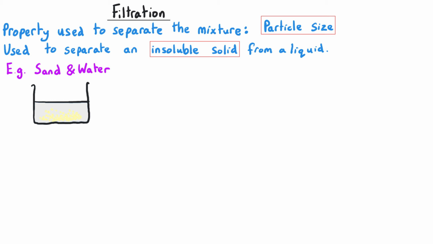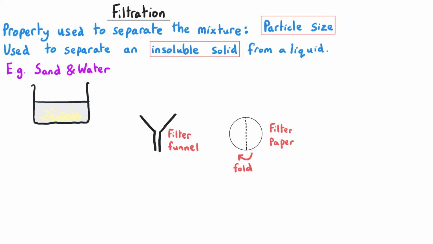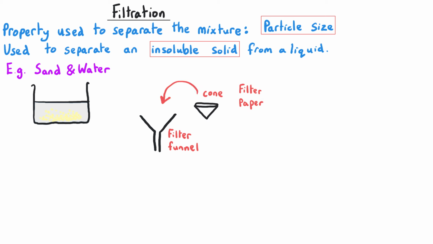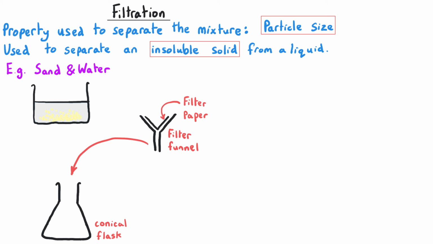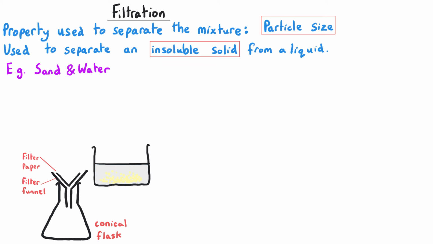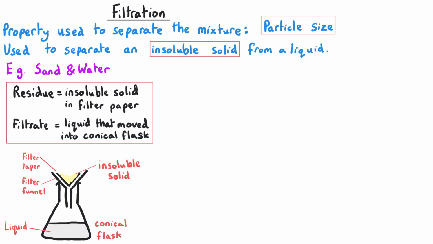To separate this mixture, you would need to get a filter funnel and a filter paper, which you'd fold into a cone shape and put inside the funnel. And then you would sit the funnel into a conical flask and pour the mixture through the funnel. What would happen is the insoluble sand would get caught on the filter paper and the water would move through into the conical flask, and we've separated our mixture.